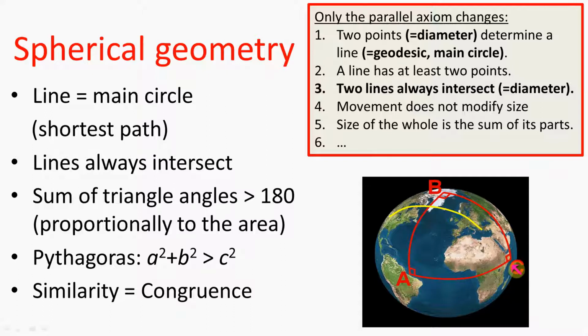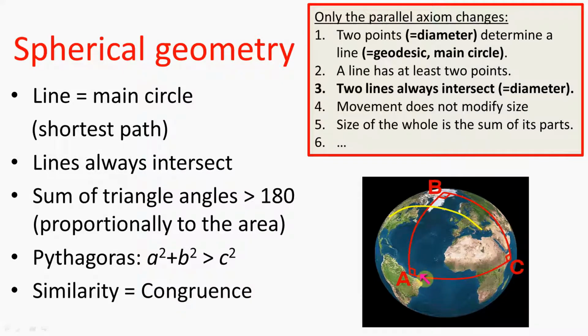Let us find 2 points on the equator of the Earth, and the distance between these 2 points is 10,000 kilometers, so this is just 1/4 of the whole equator. And the third point of this triangle is just the North Pole. So this distance and this distance are also 10,000 kilometers. And when we turn from the equator towards the North Pole, the angle is 90 degrees.